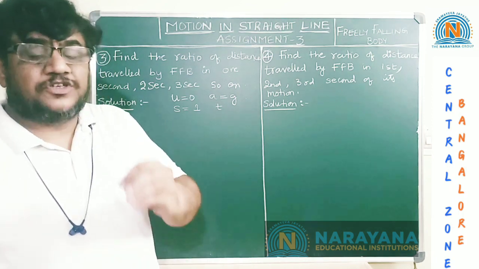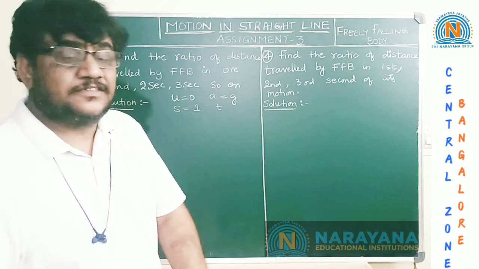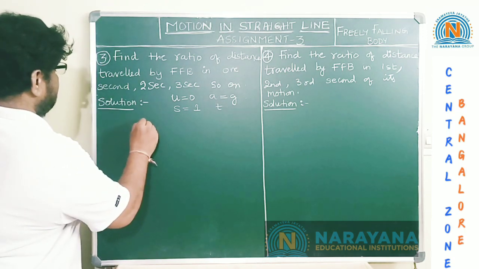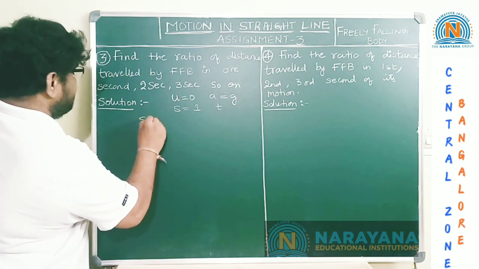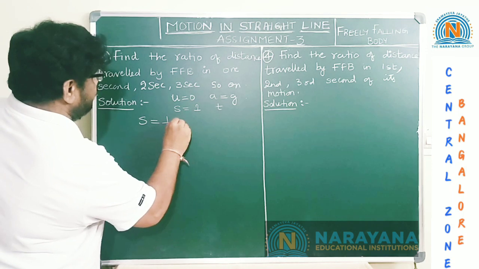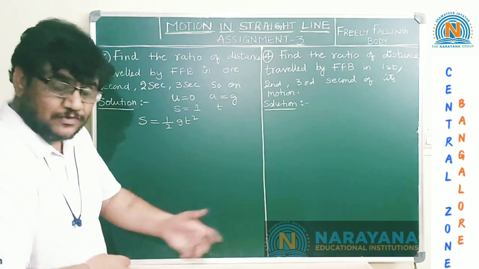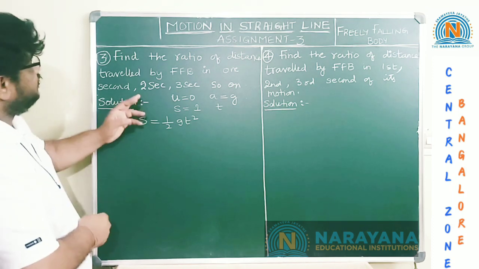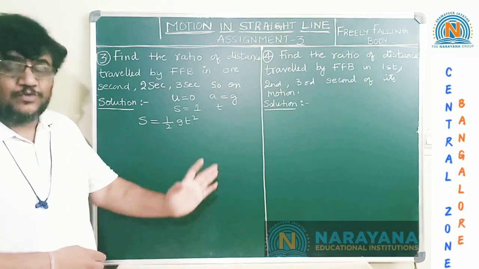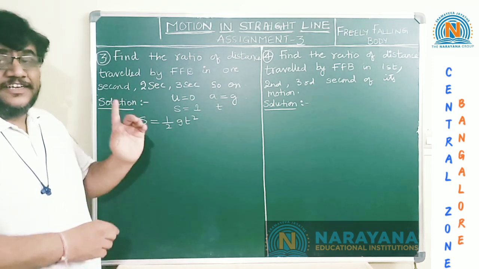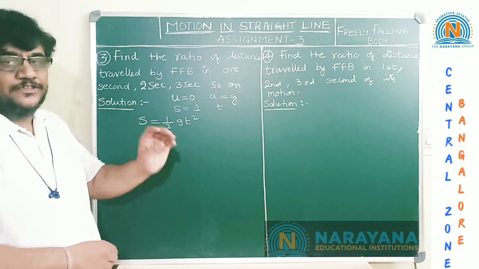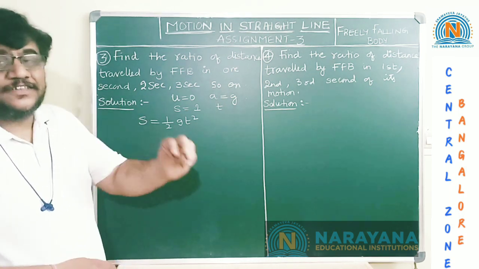The second equation of motion for freely falling body is S equal to half g t square. Now I should find what is S1, what is S2, what is S3, when t1 is 1, t2 is 2, t3 is 3.